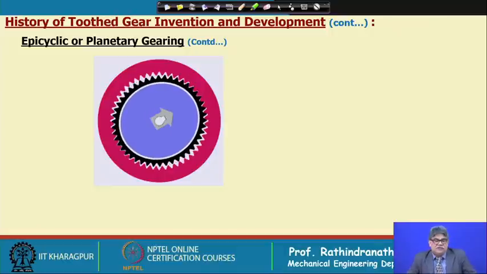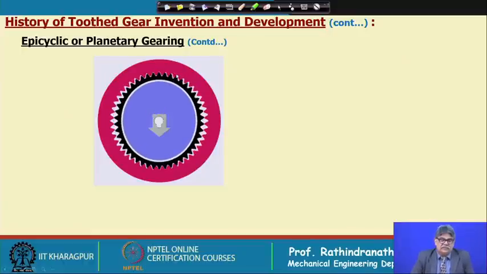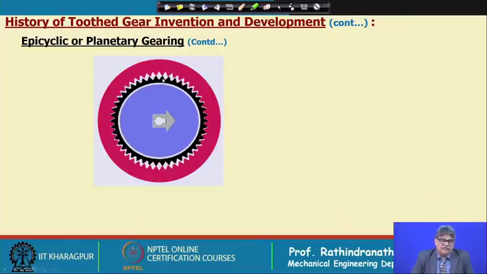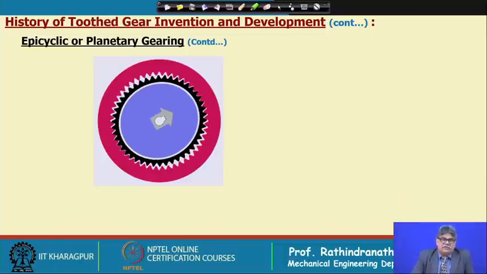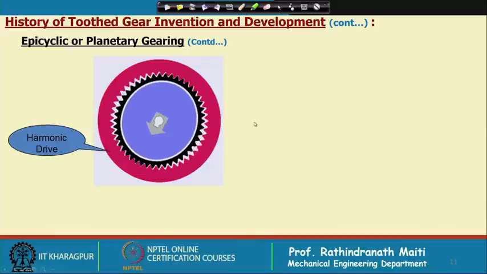Yes, it is a flexible gear, and here the tooth difference is only 2, and we get the reduction in the order of the tooth number of the ring gear divided by 2, or tooth number of the pinion divided by 2, depending on which one is fixed. Fixed means its rotation about its own axis is restricted.